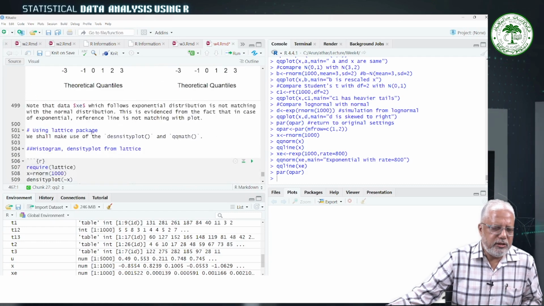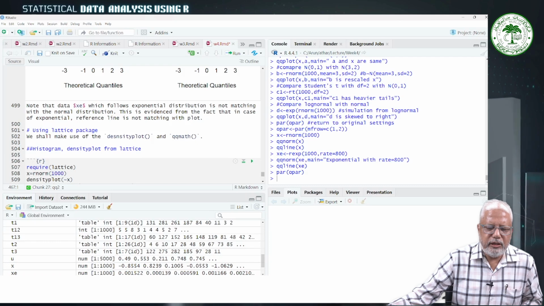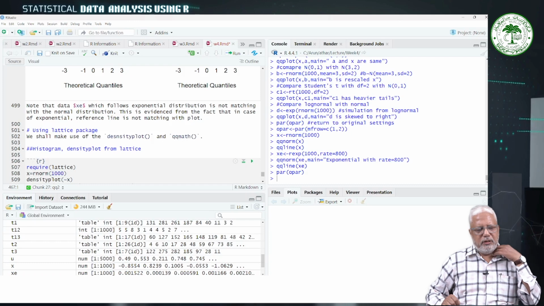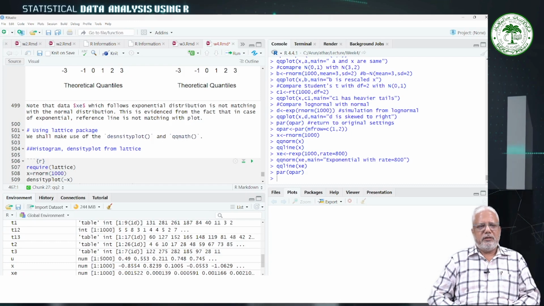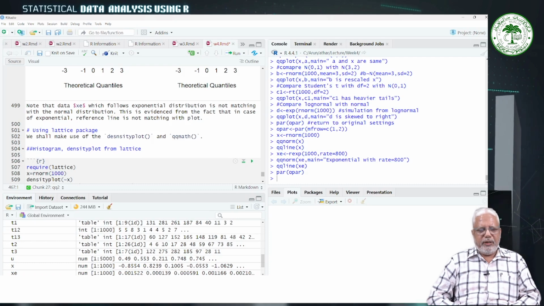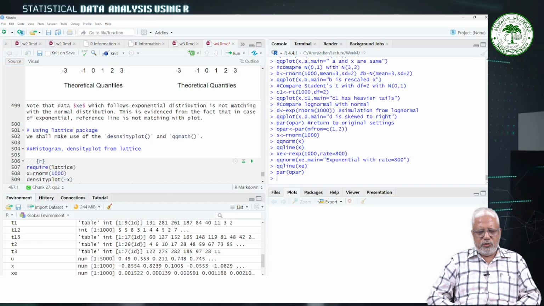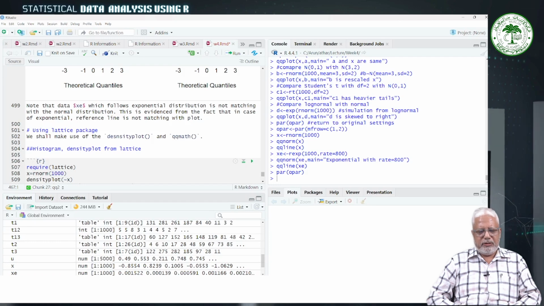Using the lattice package, we shall make use of density plot and QQ math. So far we have been talking about base graphics. Base graphics were developed by Robert Gentleman, one of the two R developers.